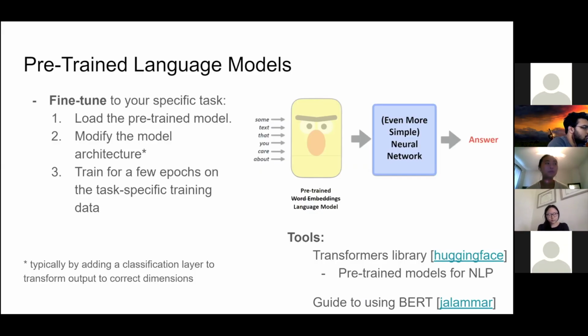But if you do have the resources, if you can use the Google Colab GPUs, or if you have even a GPU on your own laptop or a machine, it might be feasible to do this. Of course, you'll probably need some amount of data for your specific task, usually on the order of a couple thousand to maybe 10,000 examples. But I encourage you to give this a try because it's very cool.